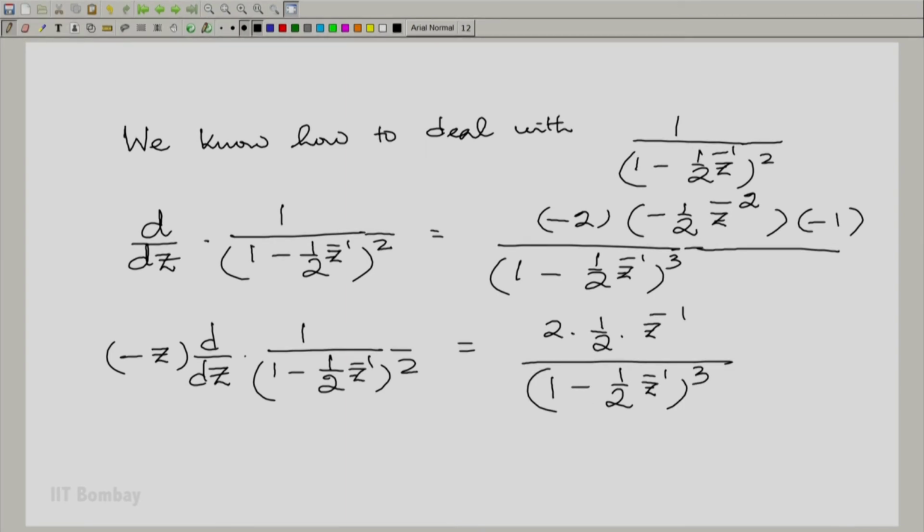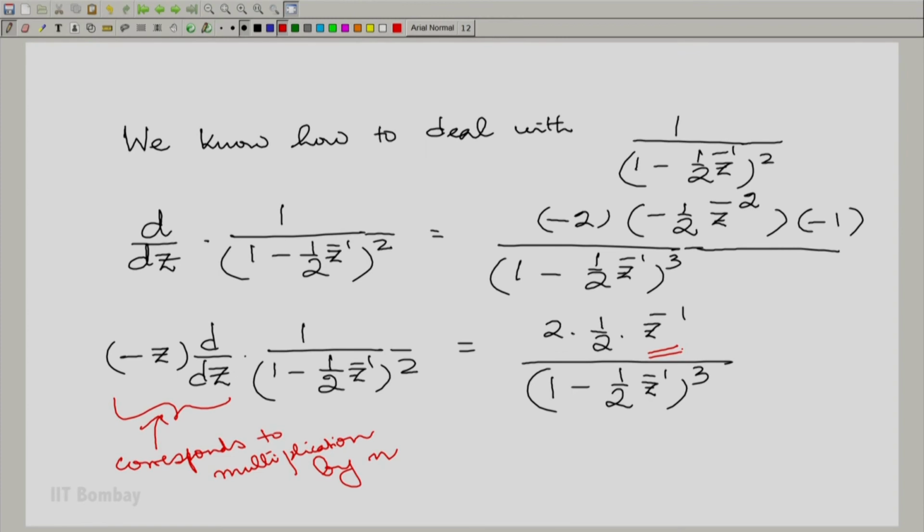Now, this overall operation here, this minus z d by dz, would correspond to multiplication by n, and therefore, you could now reason out what happens when you have just 1 by 1 minus half z inverse cubed. There is a z inverse factor here which you have to take care of.